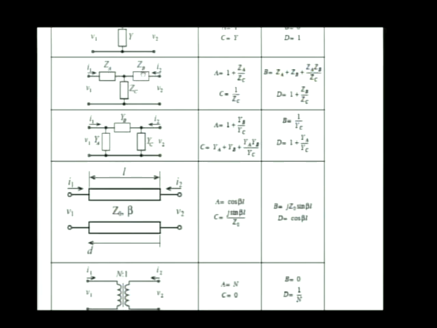Here is a T-type interconnection of three impedances, ZA, ZB, and ZC. And the question here is, what are the overall ABCD parameters of the entire circuit? Here they are in terms of the impedances ZA, ZB, and ZC.